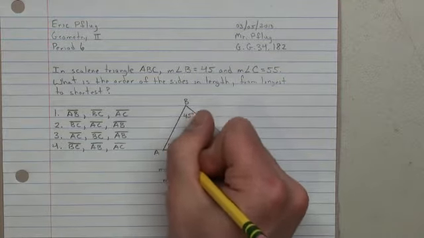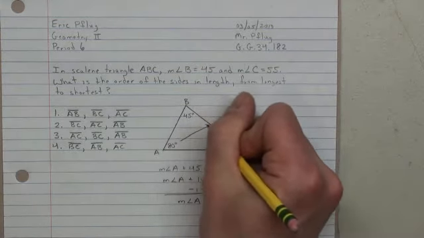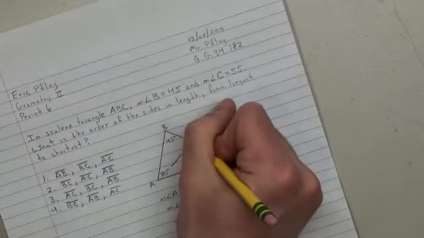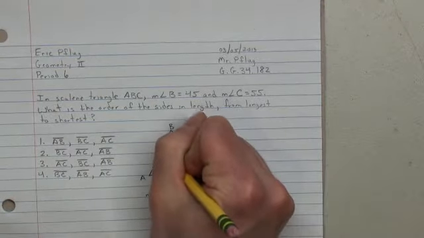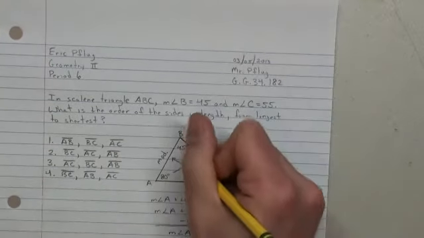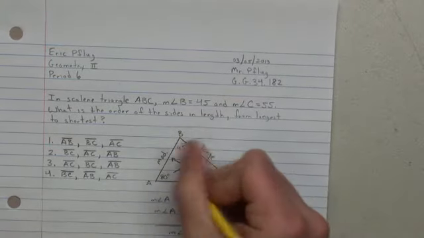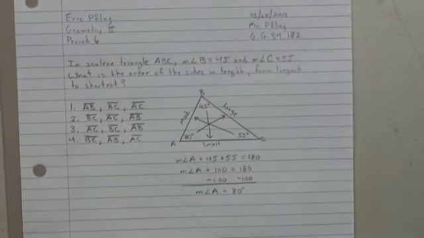Now that we've found the measure of angle A, we can list our sides, and we know that this is the large side. This is the medium side. And this is the small side. Okay?